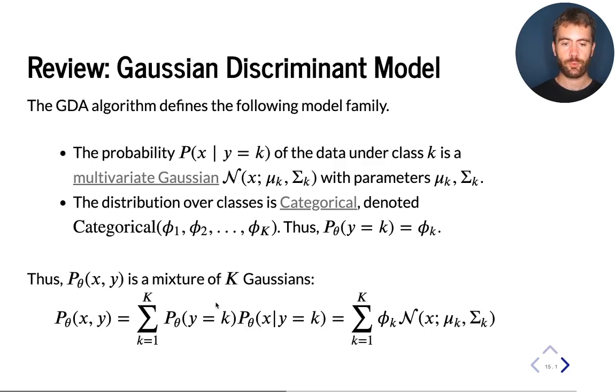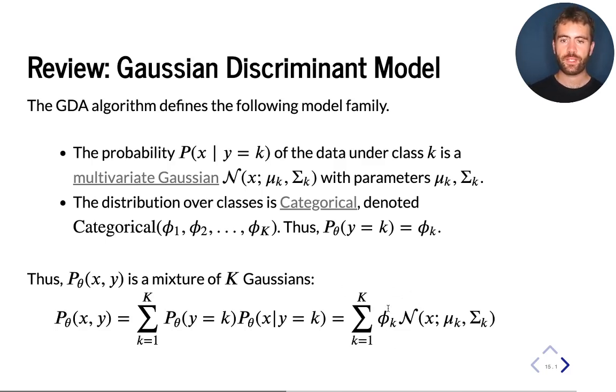Here we have a formula for the probability of Y equals k, and we have a probability of X given Y equals k. This is our Gaussian, this is our categorical, and the resulting joint probability over X and Y has the following form, and we call this a mixture of Gaussians.